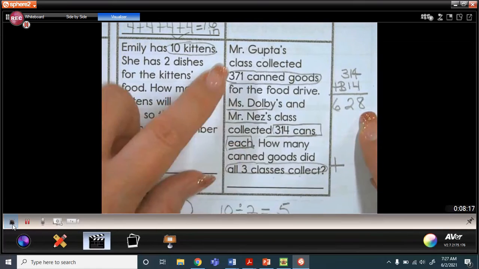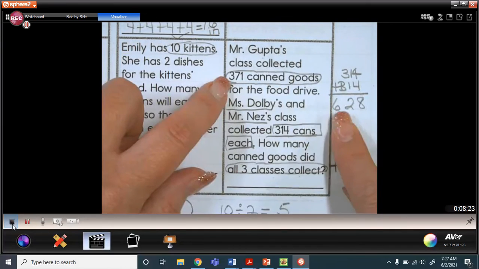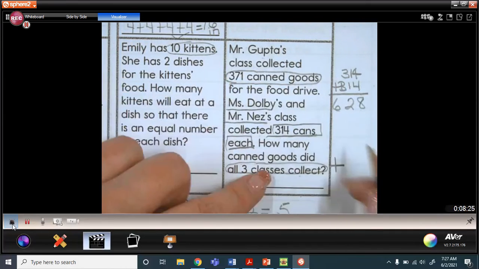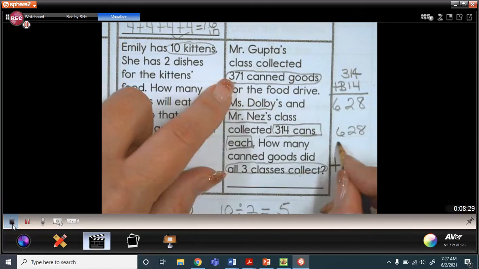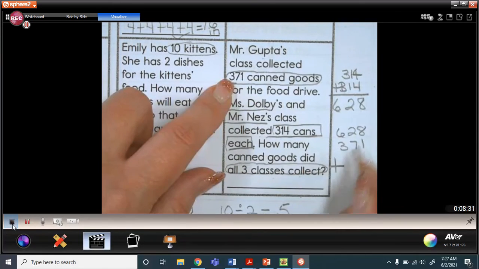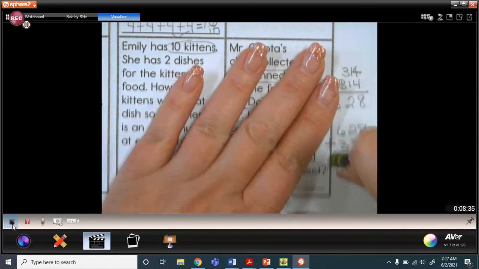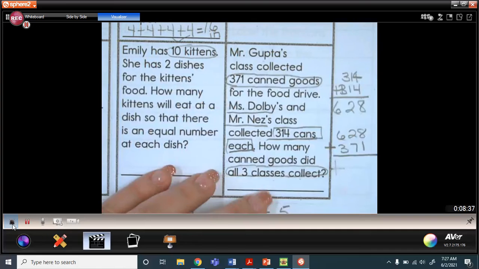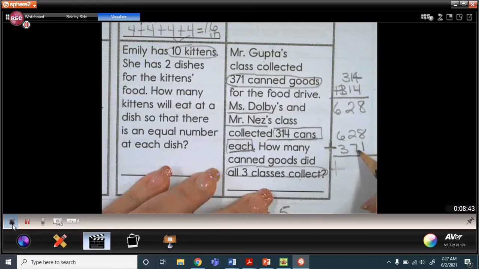Now I can take this amount, 371, and add it onto my 628. So I'm going to take this 628 and I'm going to add 371 more. And I'm going to put a plus symbol here. I'm going to erase this one. And I'm going to find that when I put these together, I have 8 and 1 makes 9. 70 and 20 makes 90.